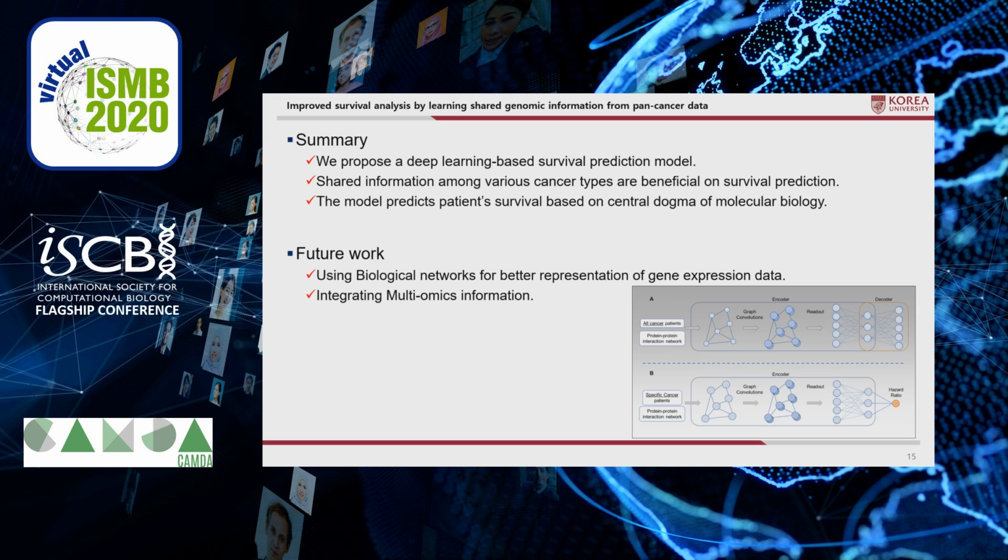The other future work is multi-omics integration. TCGA provides other omics information, including mutation, methylation, or even protein abundance. So I think it will also be beneficial to the survival prediction of cancer patients.